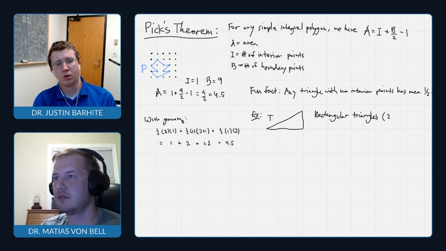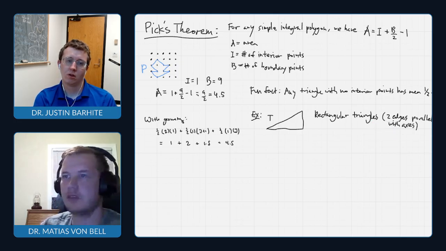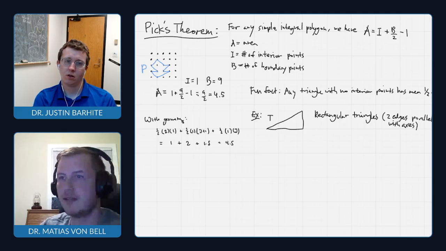So two edges parallel with axes. If we have something like this, then we're going to prove it for this base case.